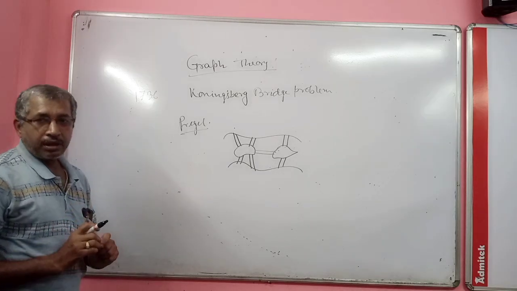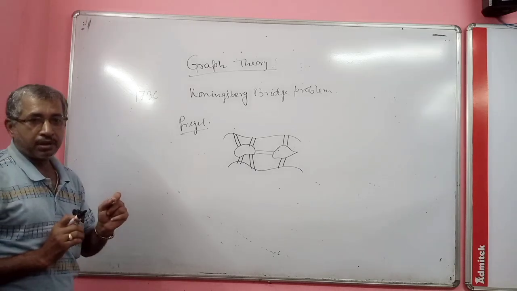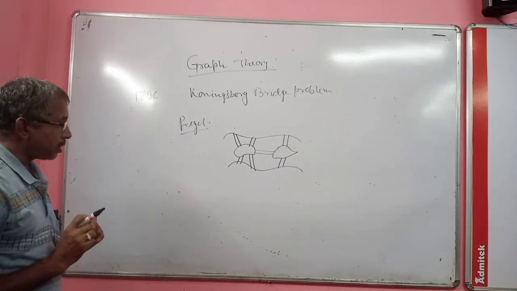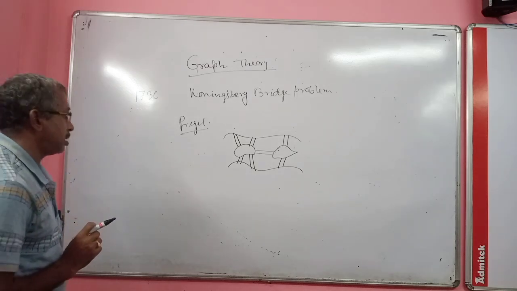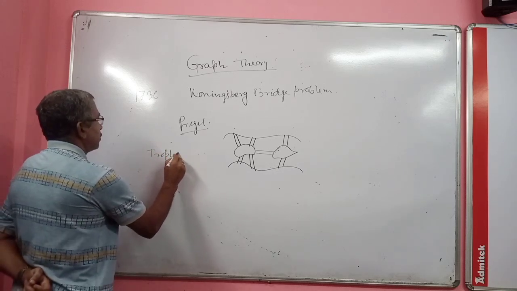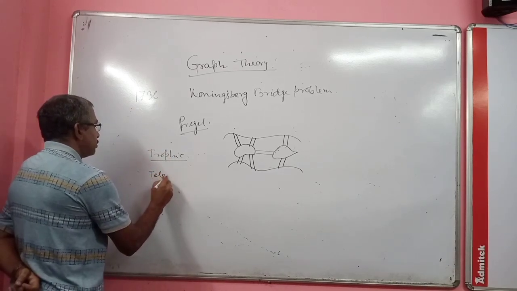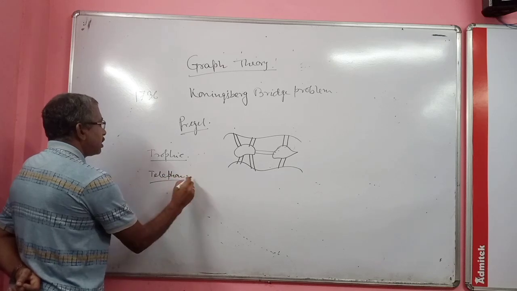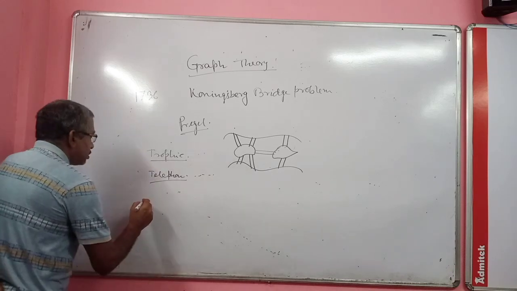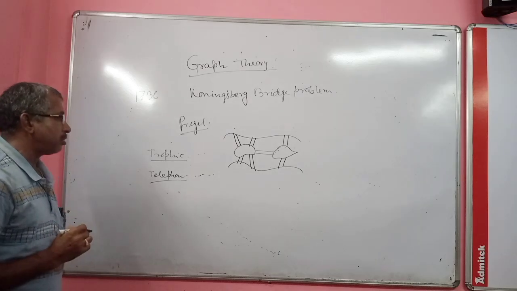We use graph theory in various aspects of our lives, our technologies, and so many problems. We use graph theory in problems such as traffic, telephone, etc. We use it in organic chemistry.